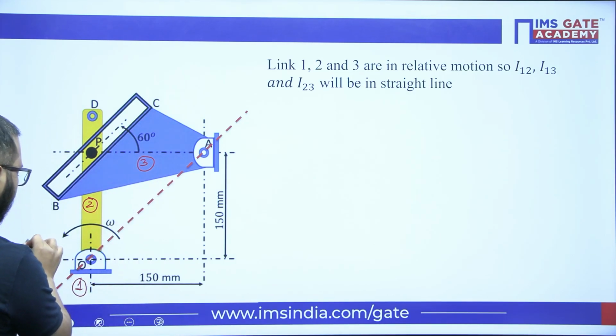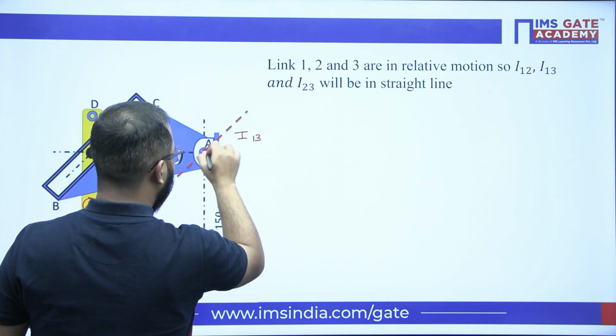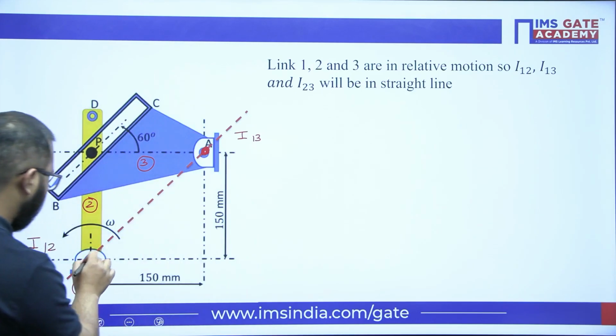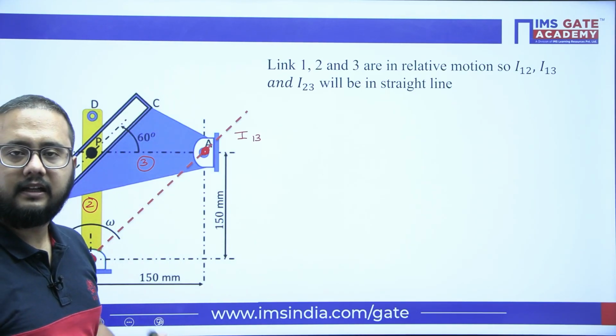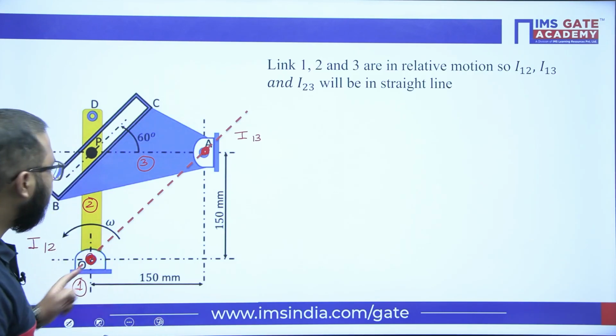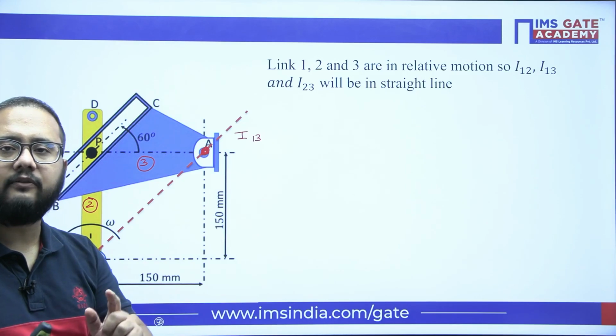So this I center will be I12 and this is I13. I12 and I13 are available, so I have joined both I centers to get the straight line.